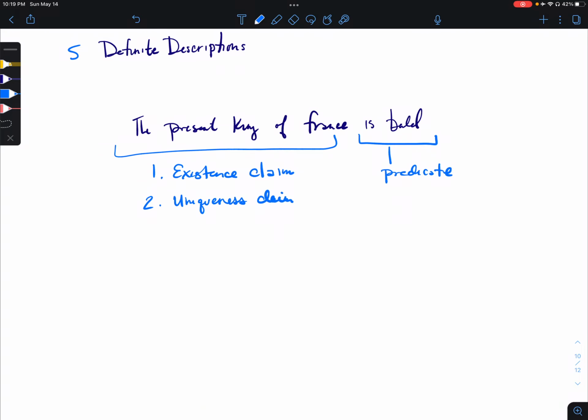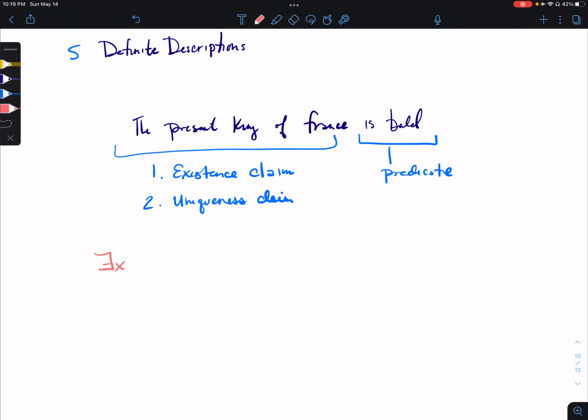Again, the grammar of the actual sentence doesn't make this up. This is like an ingenious way to figure out how to express this sentence such that it has plausible truth conditions, is true or false in a plausible way, and doesn't violate the law of excluded middle. So here's what it'll look like. The present King of France is bald.